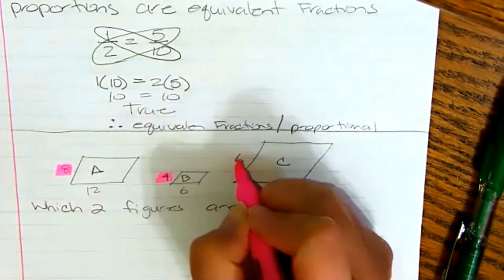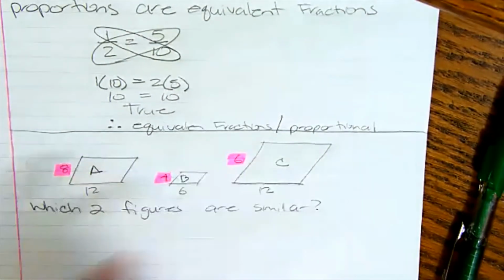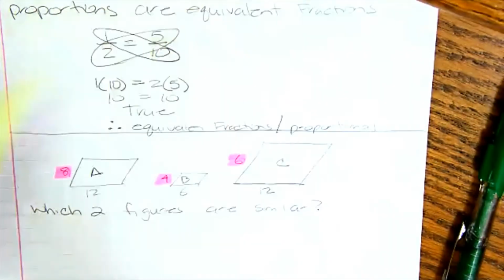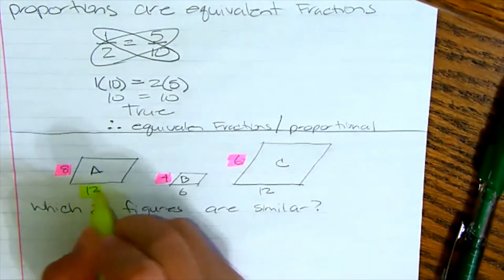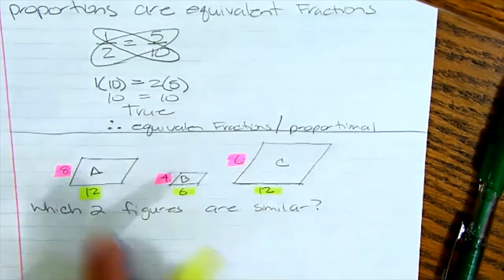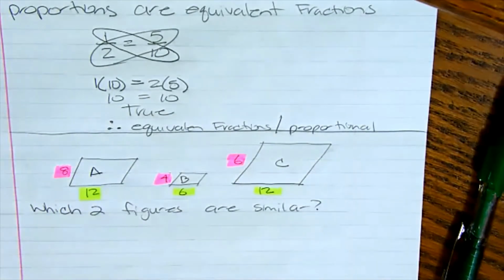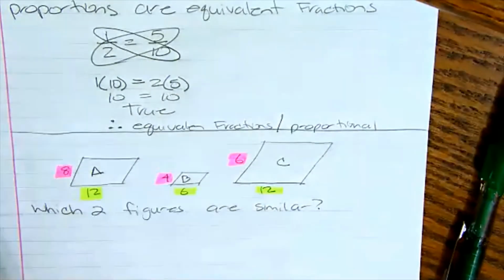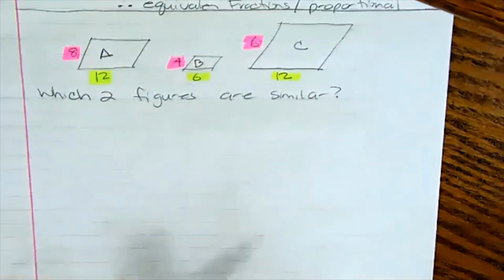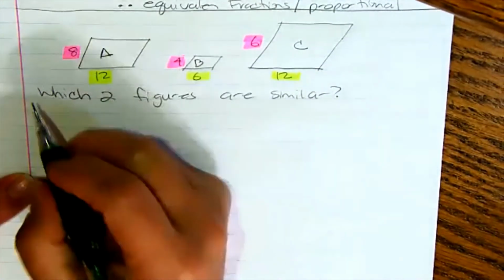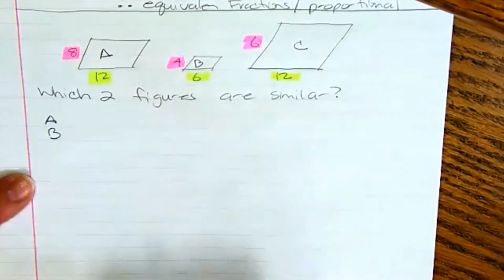So it looks like all 3 of these are corresponding sides. And then it looks like the widths are all corresponding. So we need to figure out which 2 are similar. So I'm going to go with A and B first.